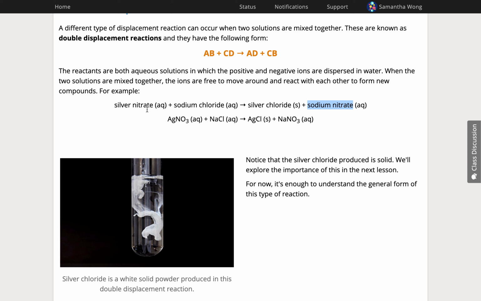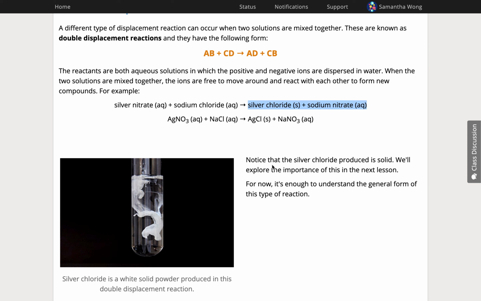So it's important that we don't end up calling it silver chloride and nitrate sodium, because that doesn't exist. To name it, we always put the metal first. So sodium is a metal, so is silver. So to name it, it's silver chloride plus sodium nitrate, as shown.